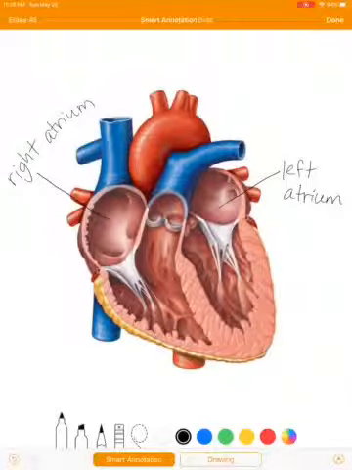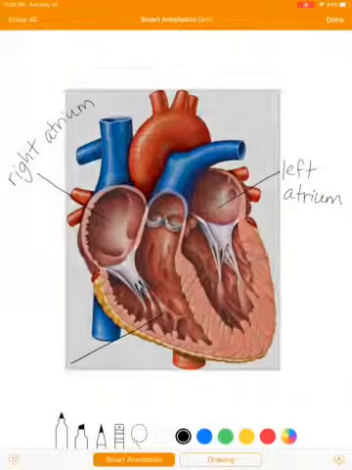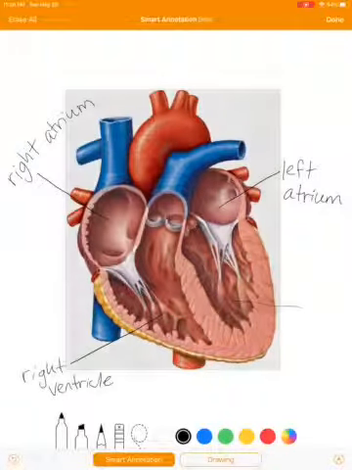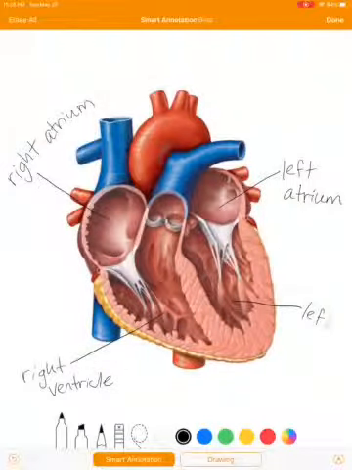Right? Now the two larger chambers towards the inferior aspect of the heart are called ventricles. So here we have the right ventricle. And over here we have the left ventricle.